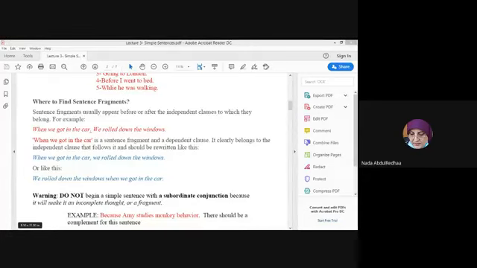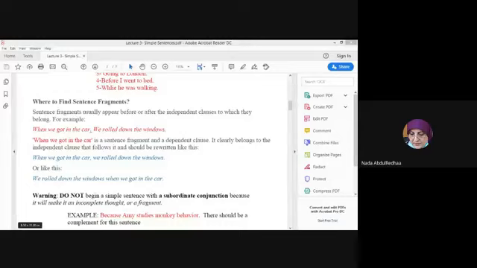When we got in the car is a dependent clause because it doesn't have a full thought, so we need another clause to complete it. So in this case, when we got in the car is the dependent clause, a fragment. And we rolled down the windows is the independent clause.